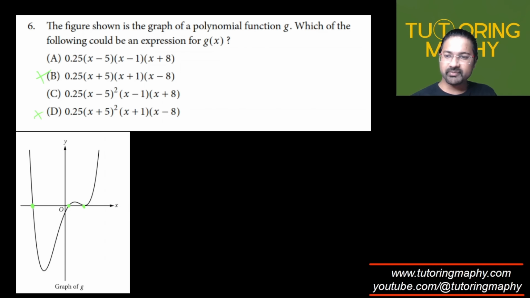Now the only difference between A and C is the multiplicity of x minus 5. In option C it's even, and in option A it is odd.